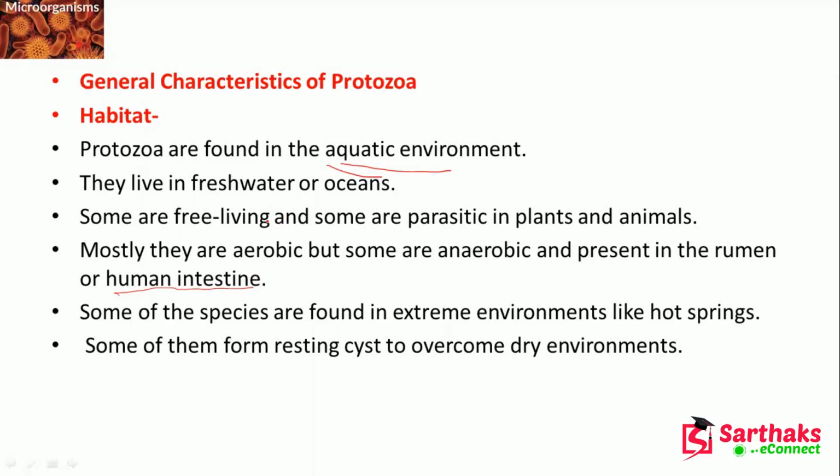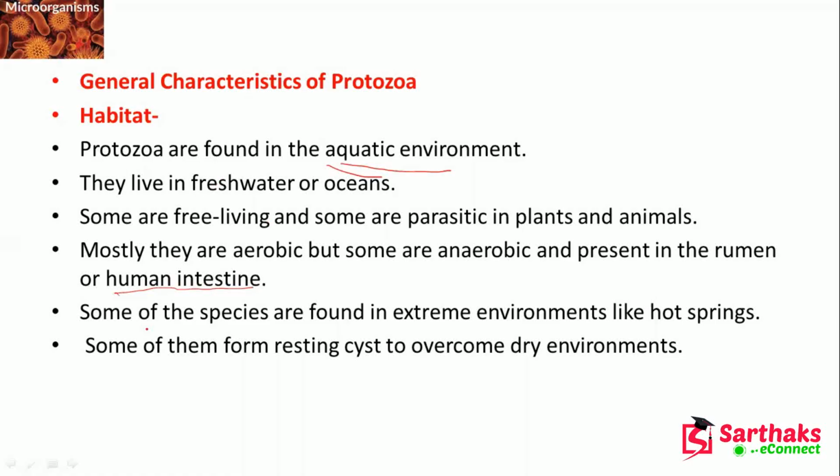Protozoa are found in the aquatic environment. Which environment? The aquatic environment.